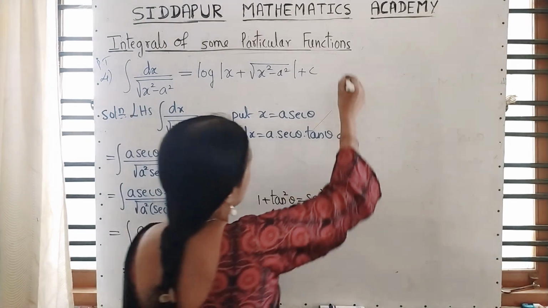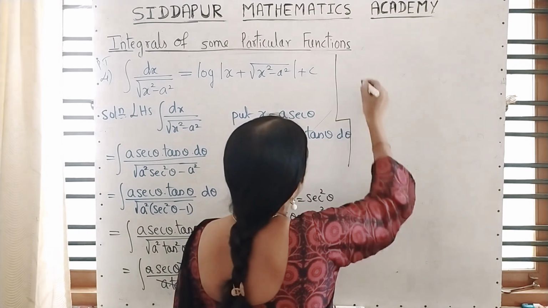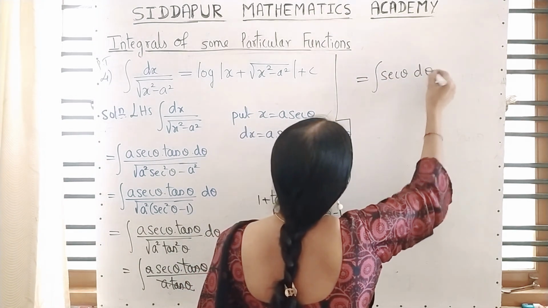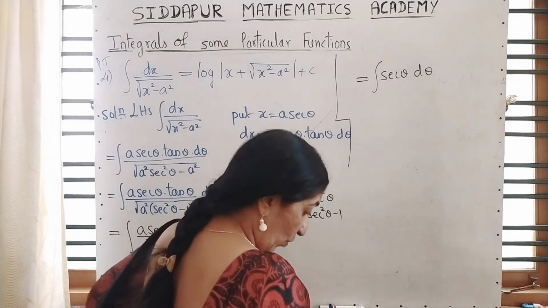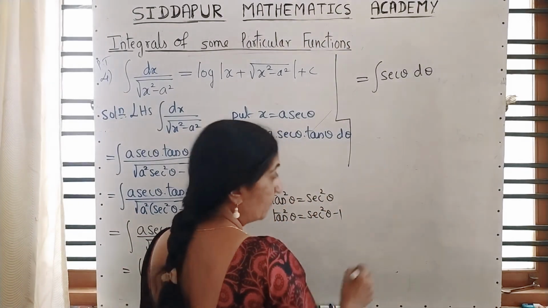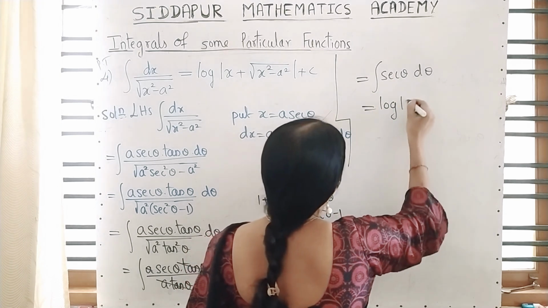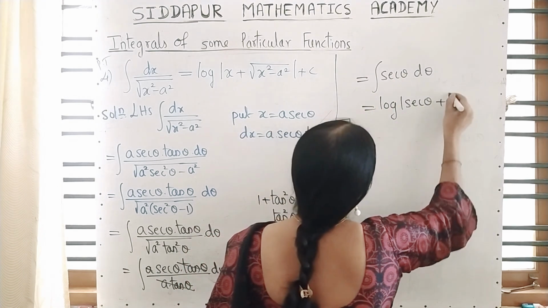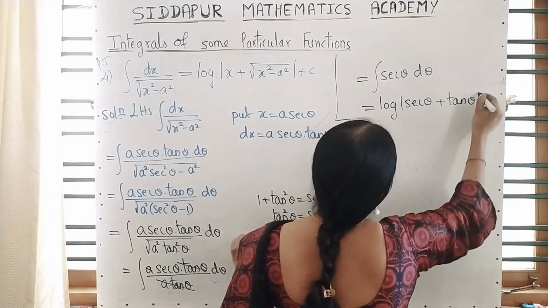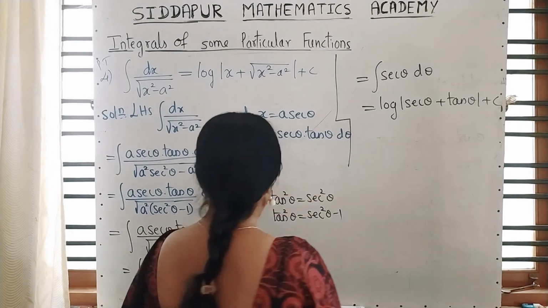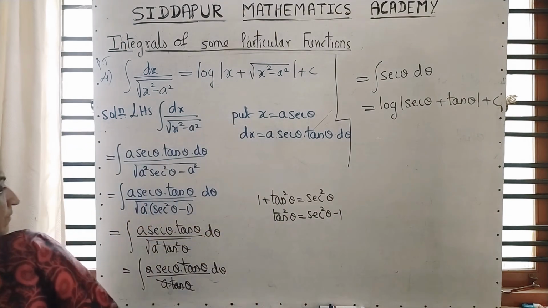What is remaining? Integration of sec theta is remaining. Have you remembered what is the integration of sec theta? Open that formula list. It is log of sec theta plus tan theta plus, I am calling this as C1. I will explain why I am taking it as C1.